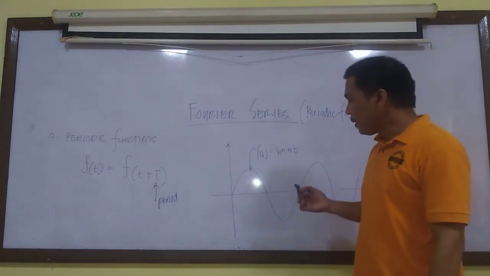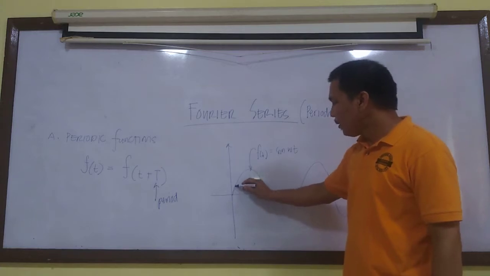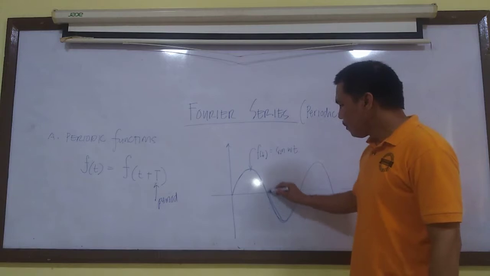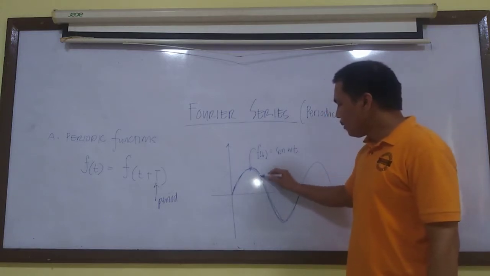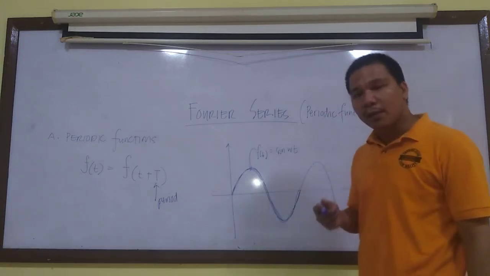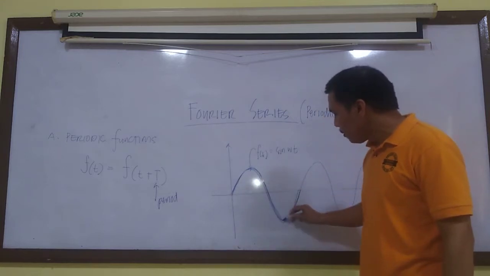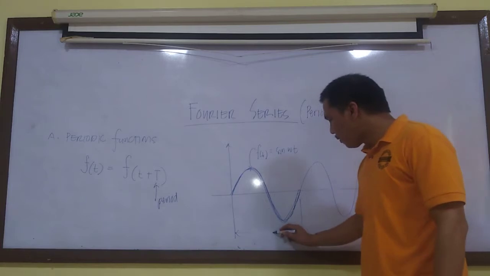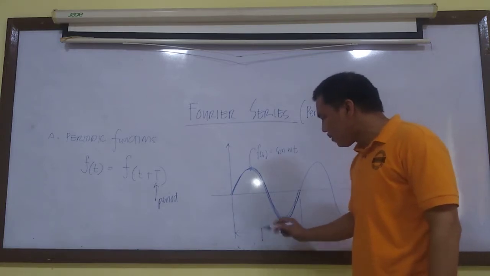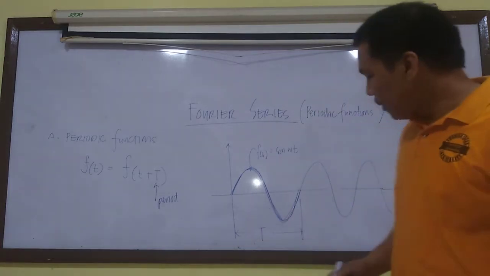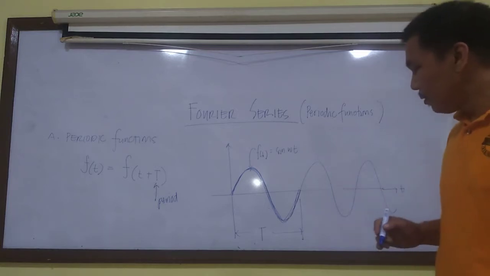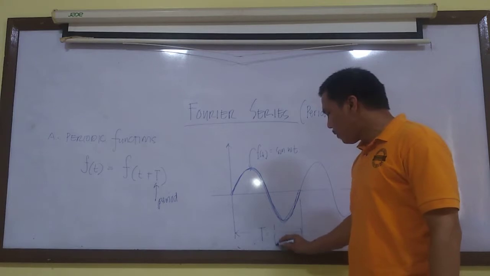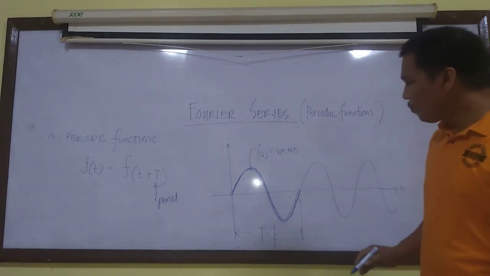When we say period, it is the time that your graph will have one complete cycle. So the time that the function completes a cycle is what we call your period, and the period is equivalent to 1 over the frequency. Take note of that.